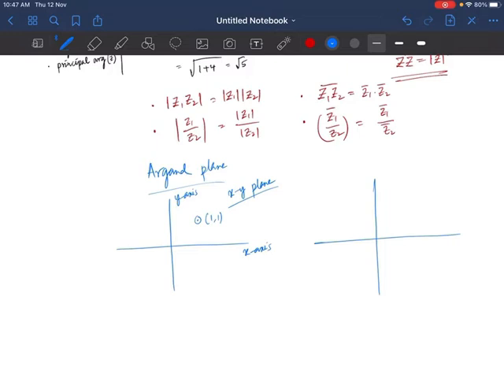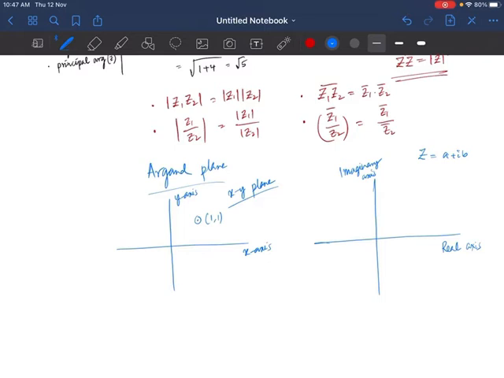In Argand plane we have the x-axis as the real axis, and the y-axis acts as the imaginary axis. Now I know that every complex number can be expressed in the form a plus ib, right?